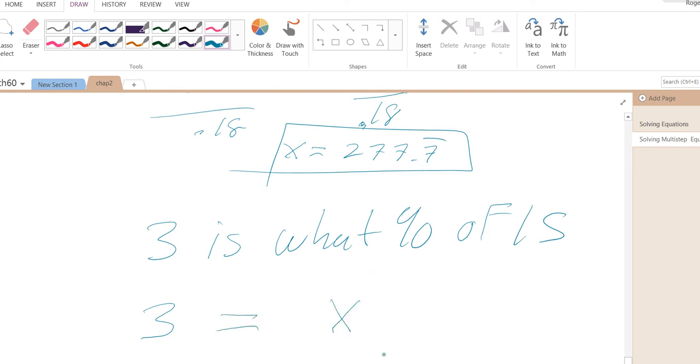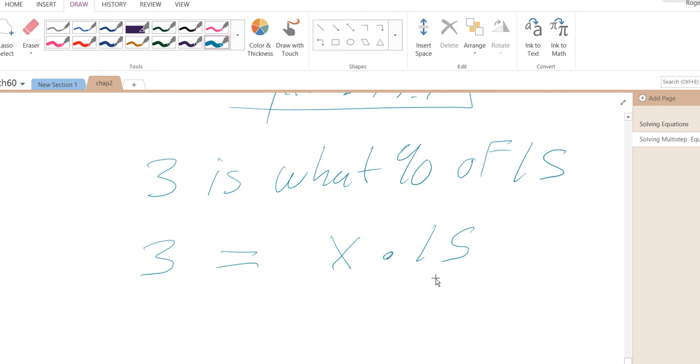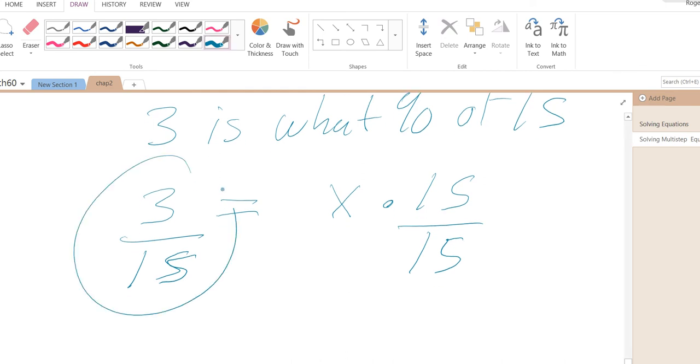I'm going to make that an x. Of is times 15. And then now you're just going to divide it. Just remember that when you get this decimal here, whatever 3 divided by 15 is, that's 1/5, that's 0.2. That's actually 20% because you got to move the decimal twice. Okay?